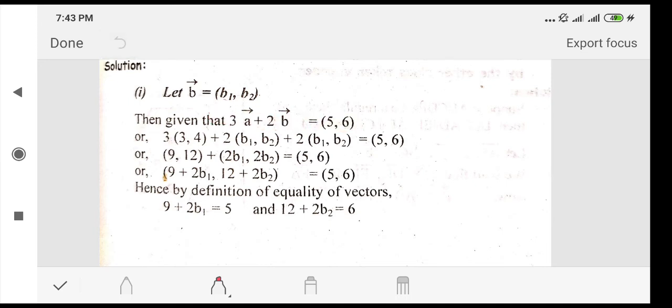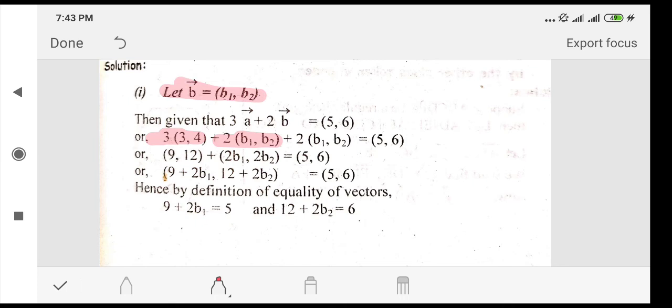Let vector B be equal to (b1, b2). Then the given condition is 3 vector A plus 2 vector B is equal to (5, 6). Here vector A is given to us as (3, 4), so it will be 3 times (3, 4) plus 2 times (b1, b2), because vector B is (b1, b2).